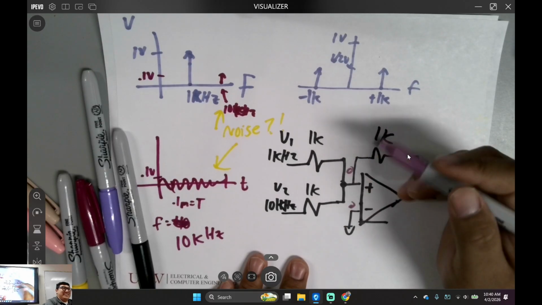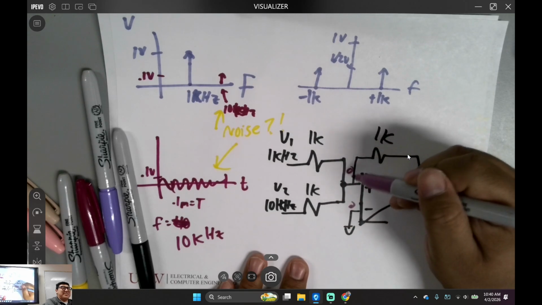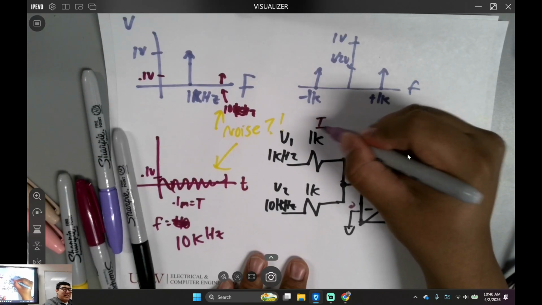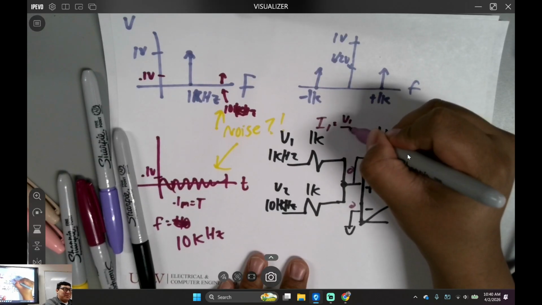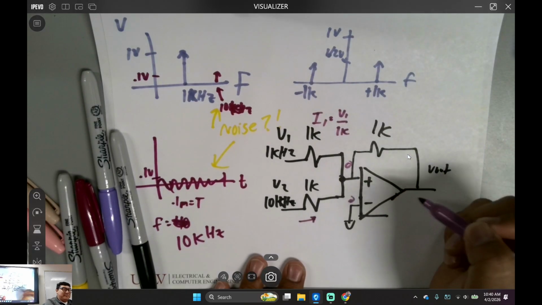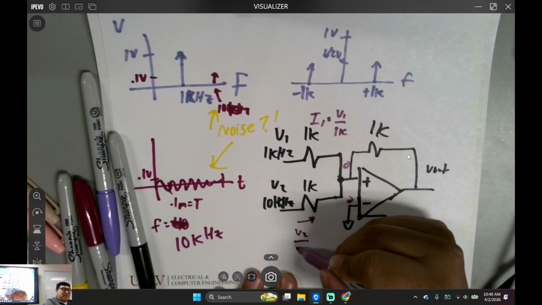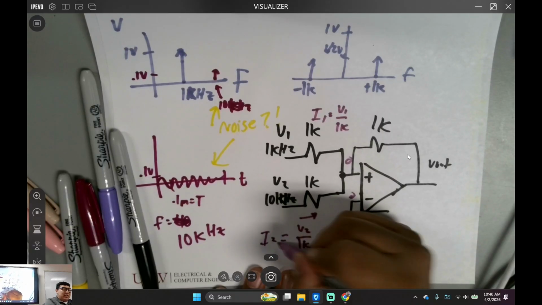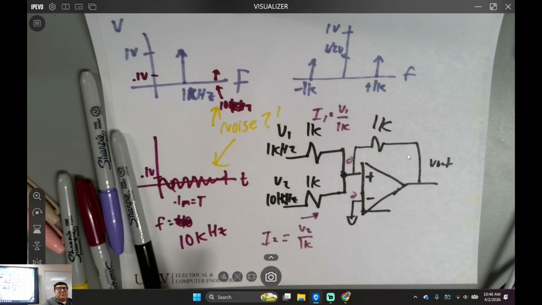Because we have V1 minus 0 over this 1K resistor. I1 is equal to V1 over 1K. What's the current here? Everyone understand the basics and the fundamentals, okay?